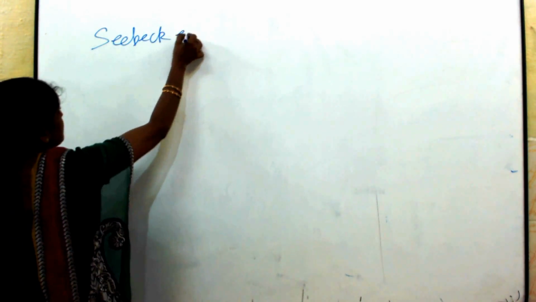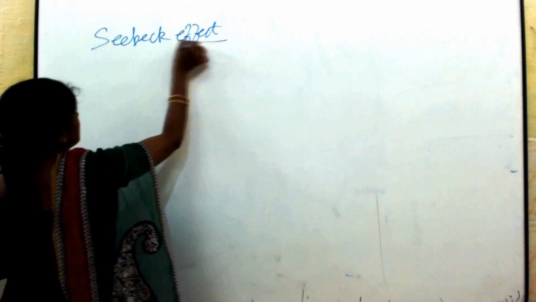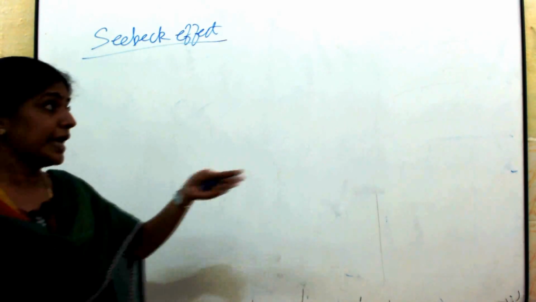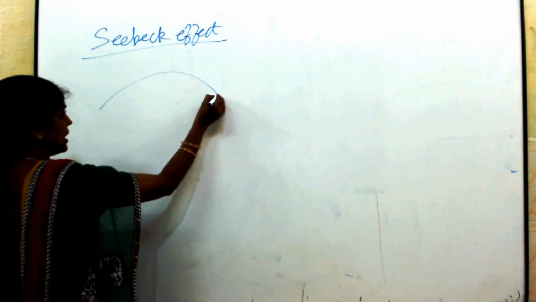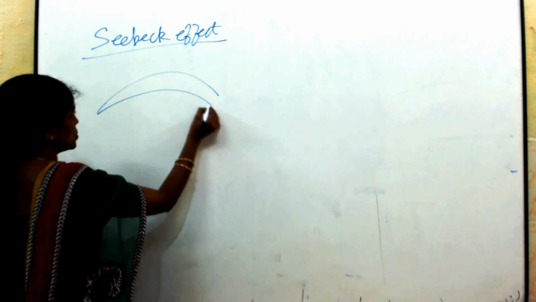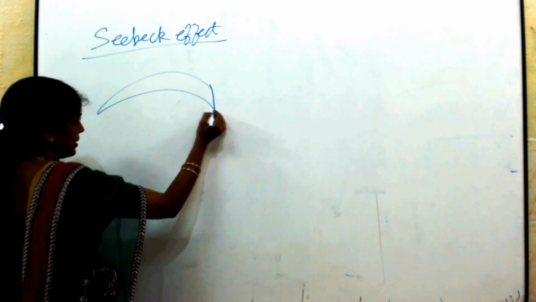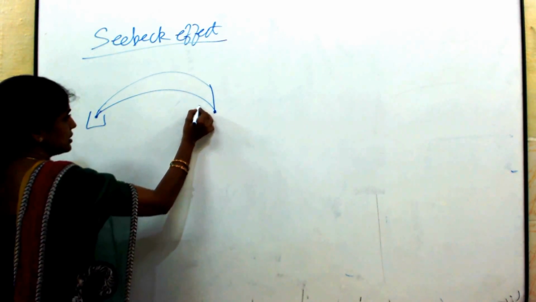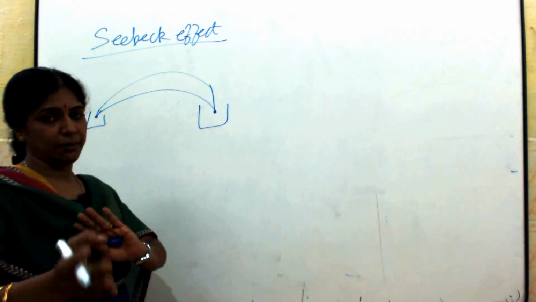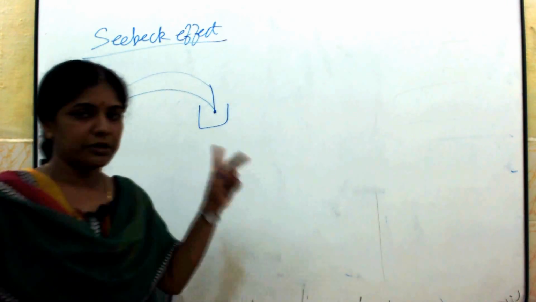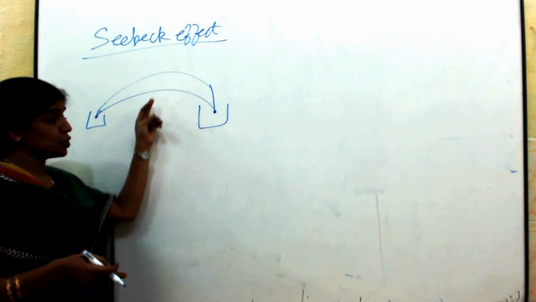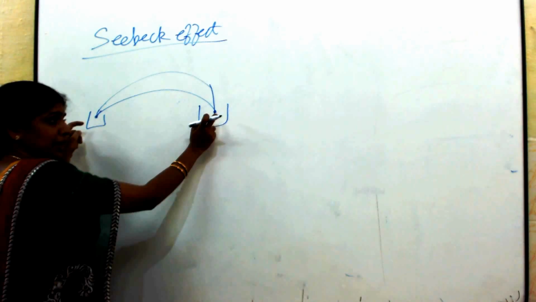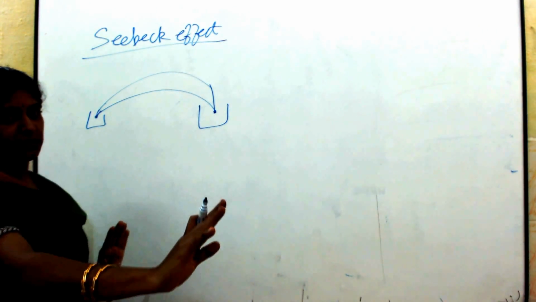This man Seebeck studied the effect of electric current, and he discovered that when two dissimilar metals, that is two different metals, are formed like this and the two junctions are maintained at different temperatures, an EMF is produced.